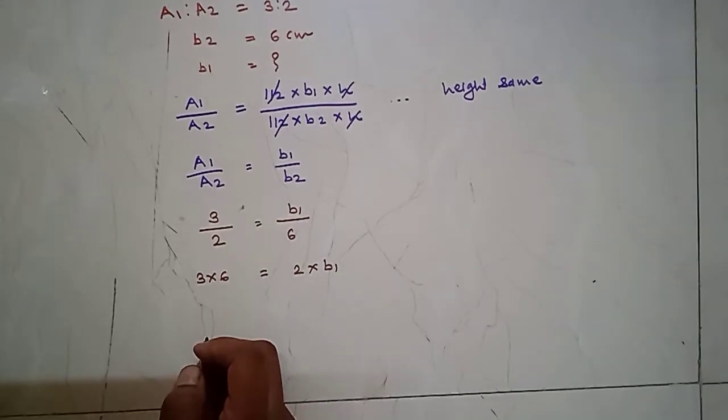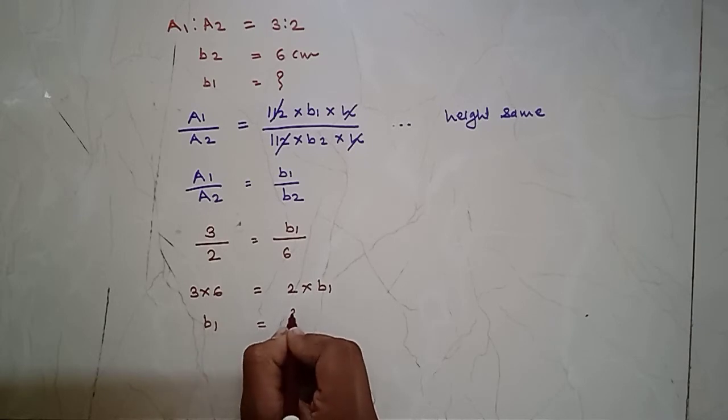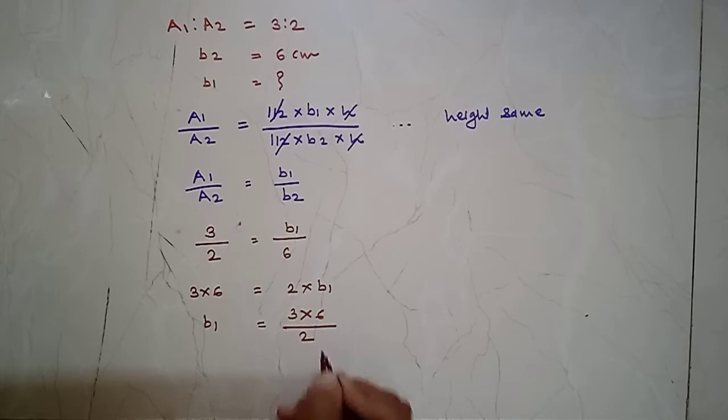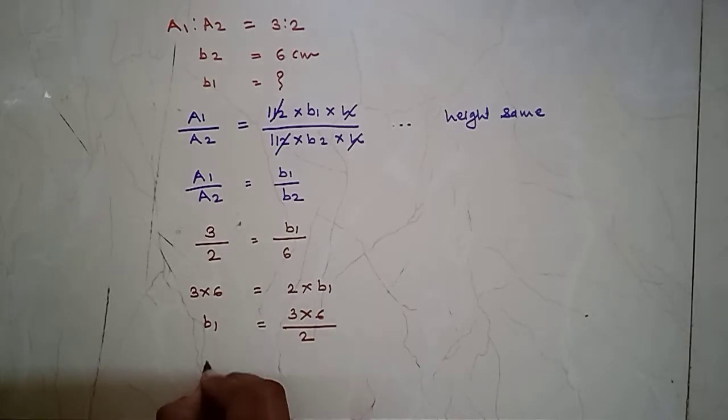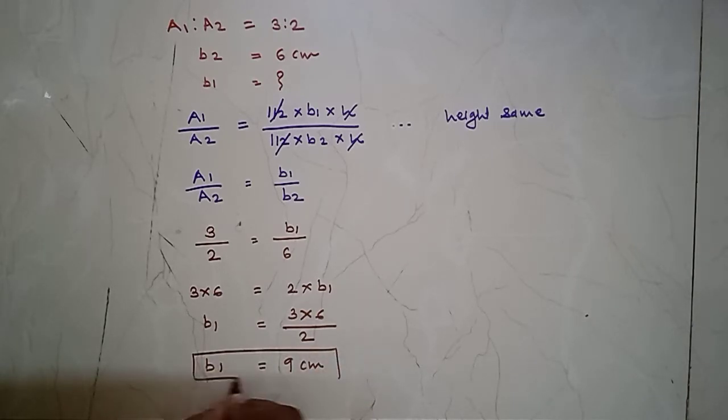Then B1 is equal to 3 into 6 upon 2. Taking the multiplication and division, we get the answer as 9 centimeters, and this is the base of the bigger triangle.